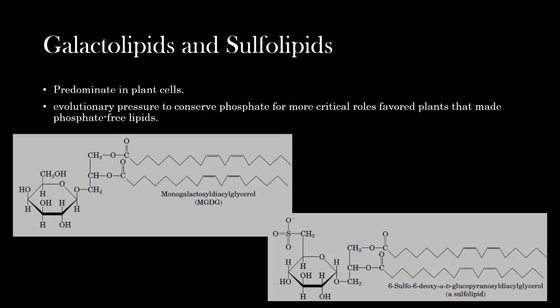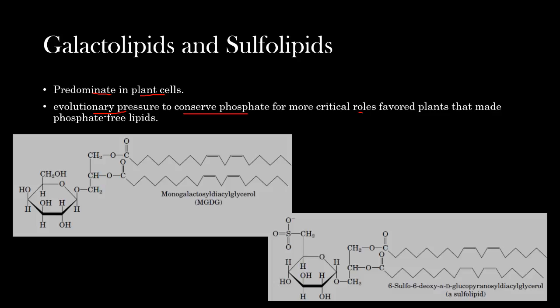Galactolipids and sulfolipids are predominant in plant cells, and evolutionary pressure to conserve phosphate for more critical roles favored plants that make phosphate-free lipids. We know that in soil the availability of phosphate is limited, right? So to conserve phosphate, phosphate-free lipids are abundant in plants.